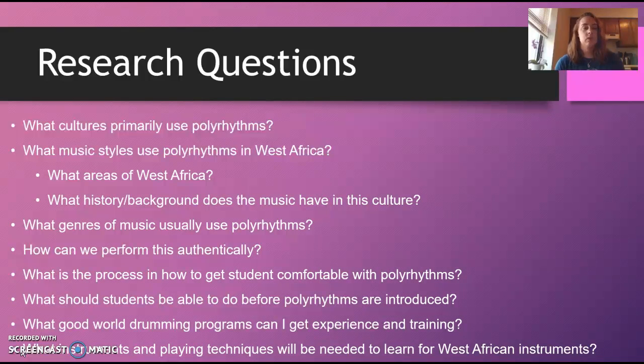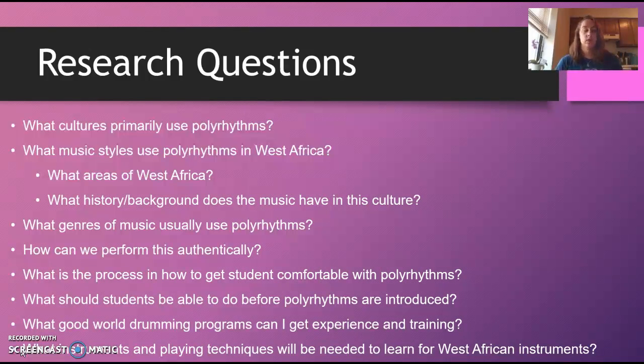And then this leads me back to the first question, but what genres of music use polyrhythms? This is probably one of my earlier questions. So not necessarily fully directed toward West African music, but just around the world.